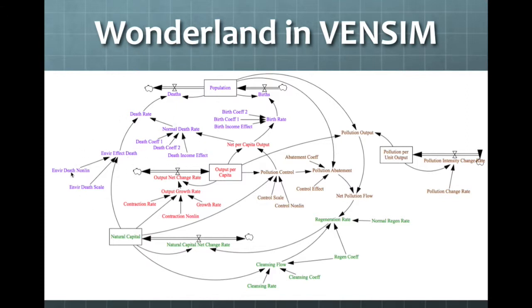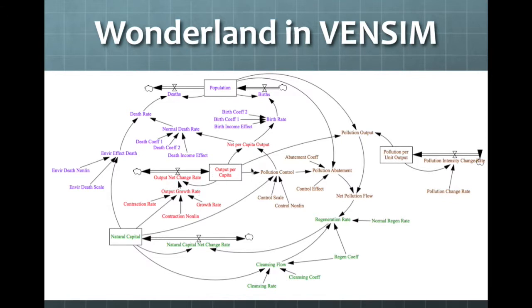Some of the parameters are environmentally related. So the availability of capital affects the deaths in a way, and natural capital also affects the ability of production through the output growth rate. Okay.